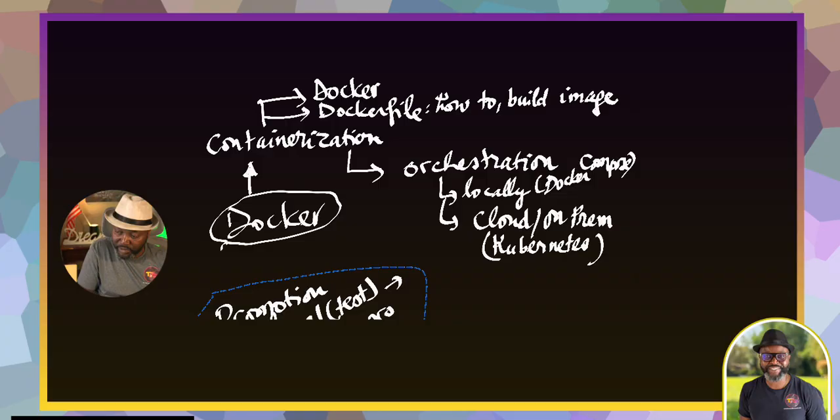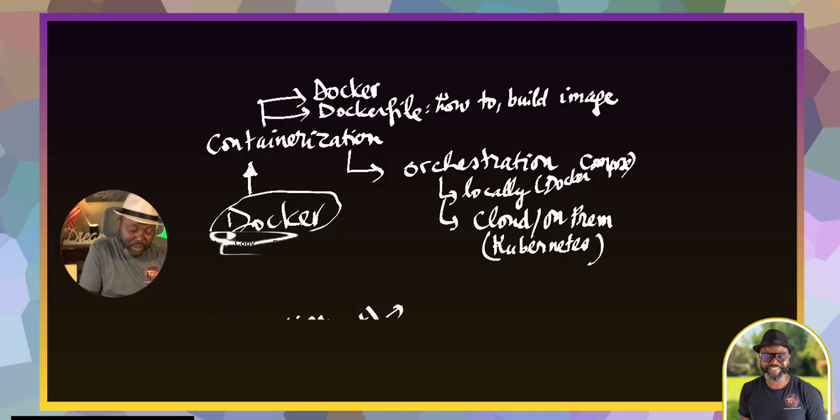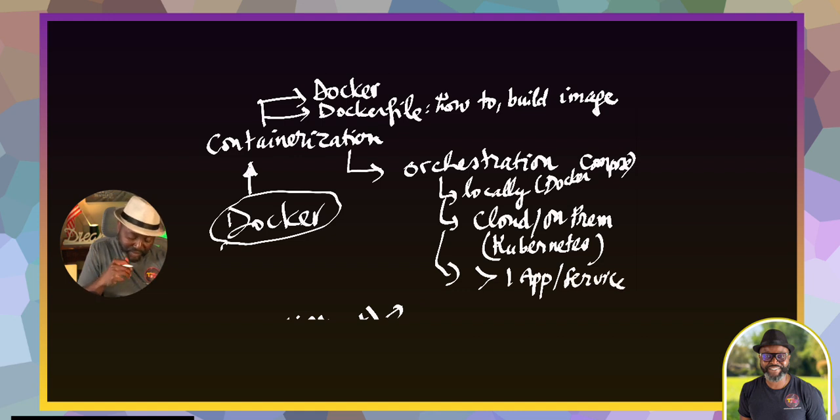And of course you orchestrate when you have more than one app or service. The next thing that we need to talk about, and you guys have worked on, is what we call promotion.